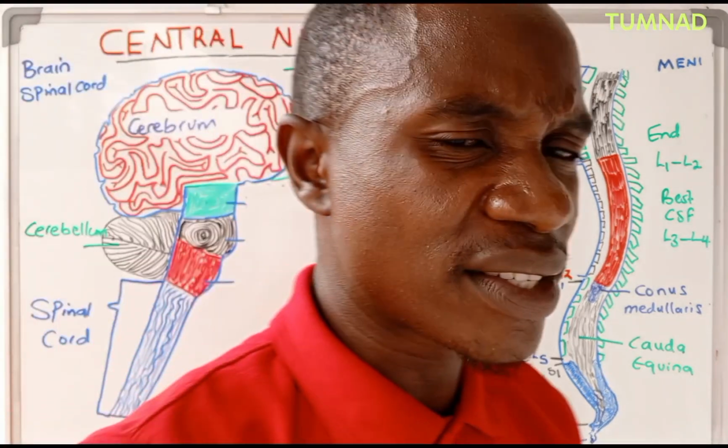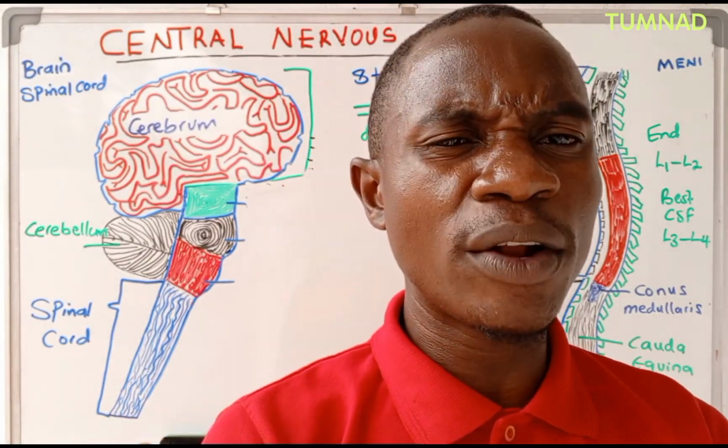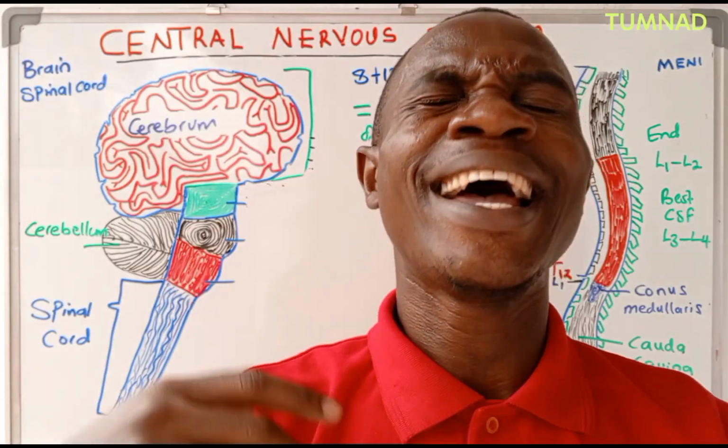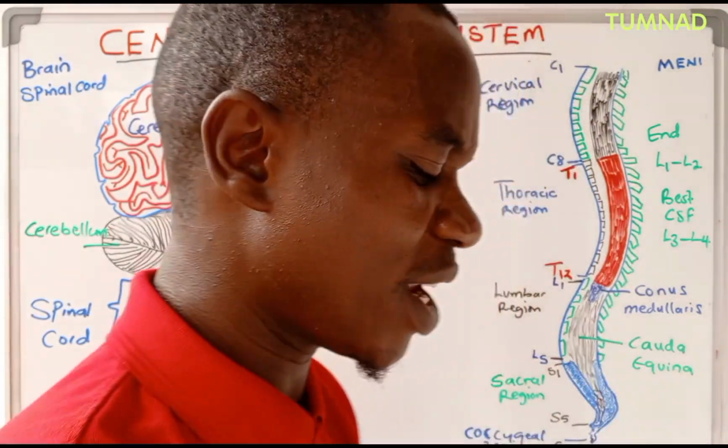Okay, in other words, the peripheral nervous system is going to be using 31 pairs of spinal nerves alongside 12 pairs of cranial nerves.